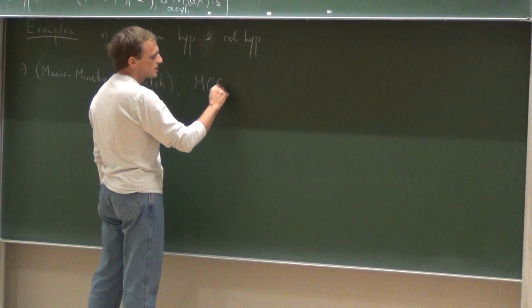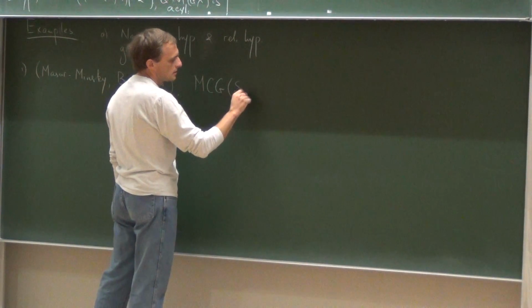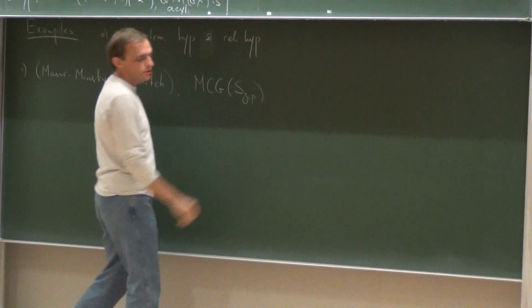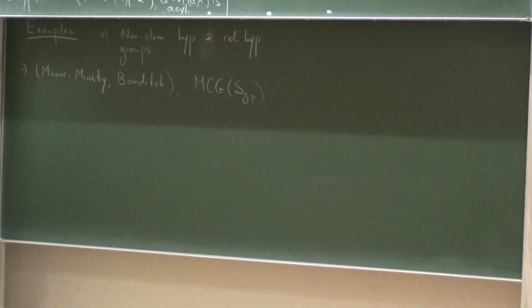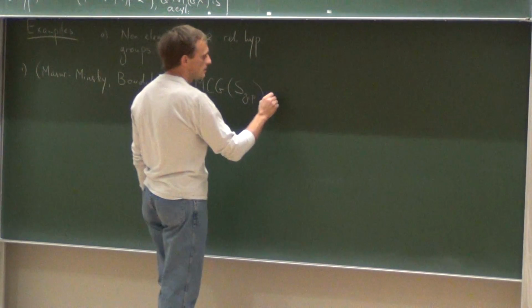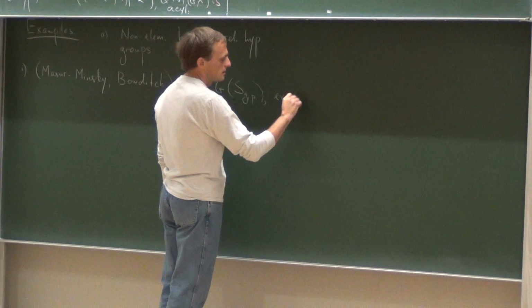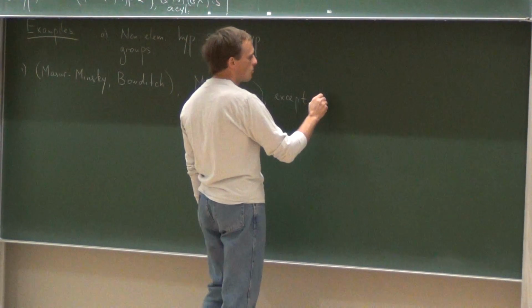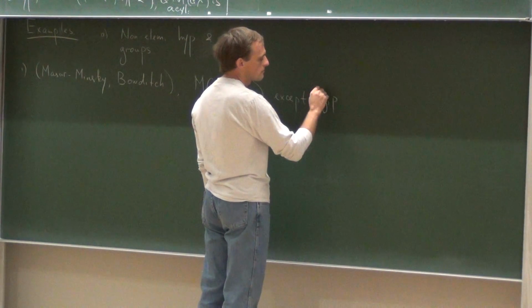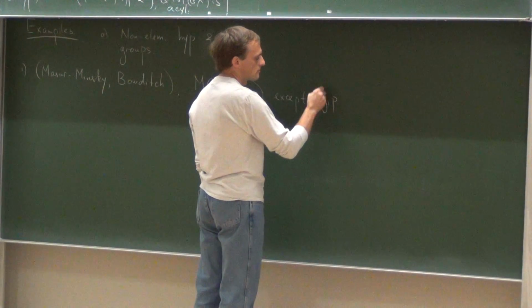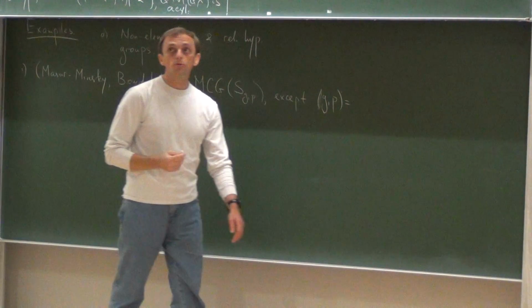So, mapping class groups of punctured closed surfaces, except for the cases when (g, p) equals, okay, what do we need to exclude?